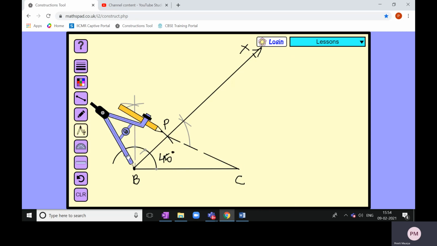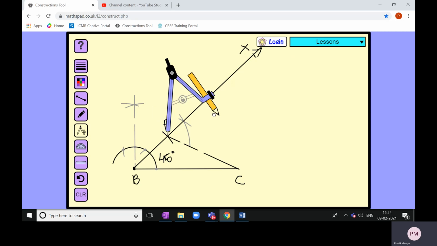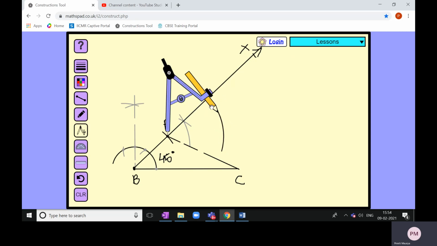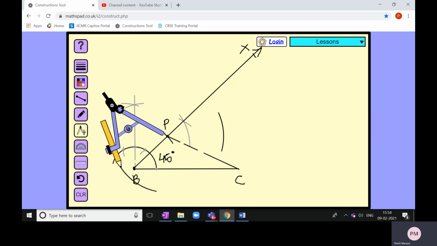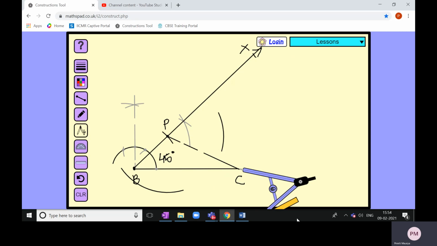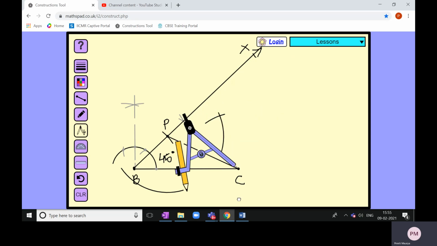Taking a radius more than half, keeping the center at P, draw an arc on either side of the line segment. With the same radius and center C, again we cut the previous arc. So here we cut the previous arc. Similarly, we'll draw the arc and cut it over here.